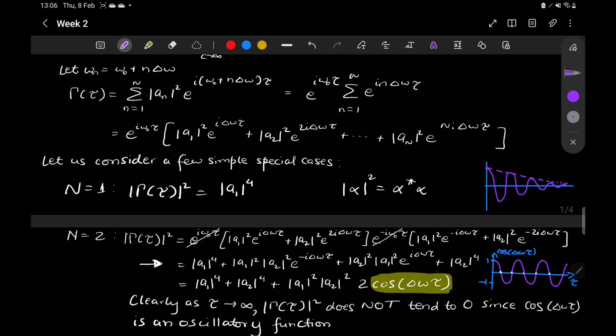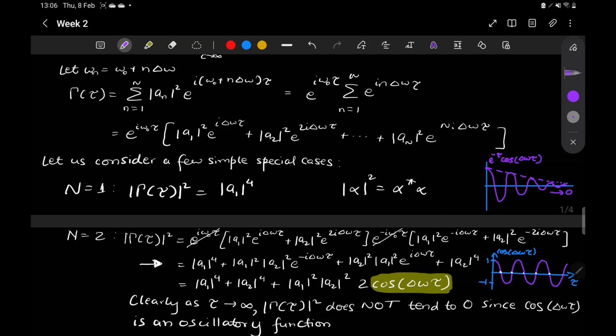So this function slowly tends to 0 as tau increases. An example of such a function would be exponential minus tau cos delta omega tau, let us say.